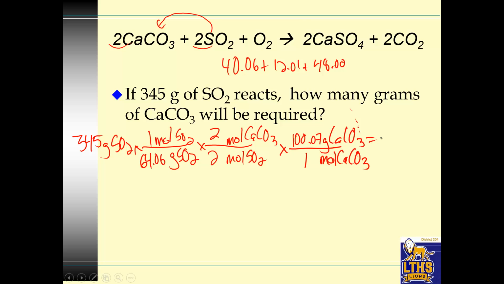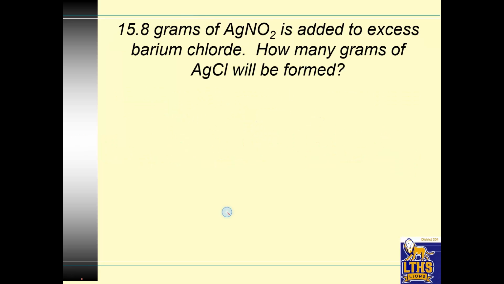So 345 divided by 64.06 times 100.07 gives me 6410. But what's canceled? Grams of sulfur dioxide canceled, moles of sulfur dioxide canceled, moles of calcium carbonate canceled. Oh, grams of calcium carbonate. 6410 grams of calcium carbonate.